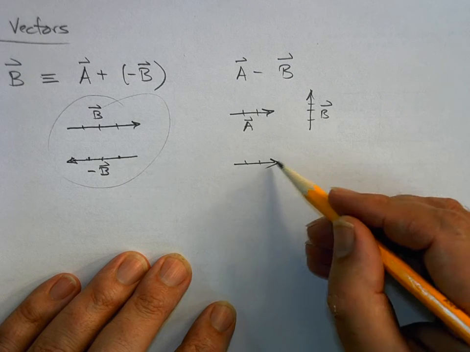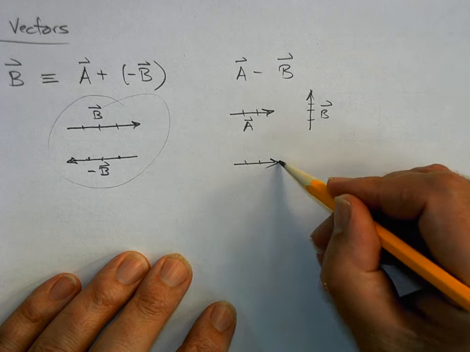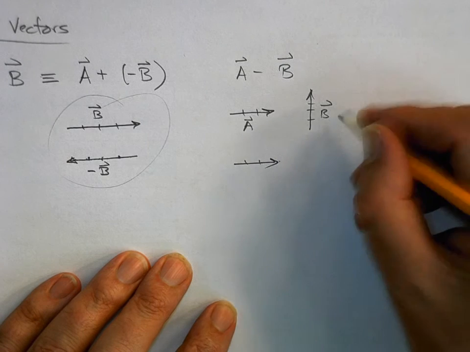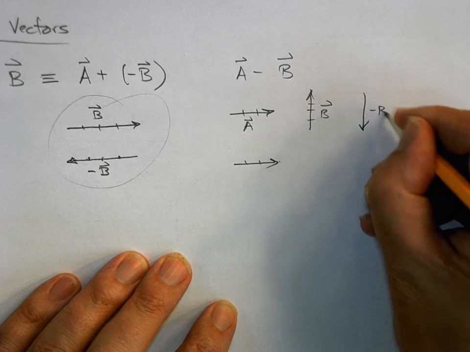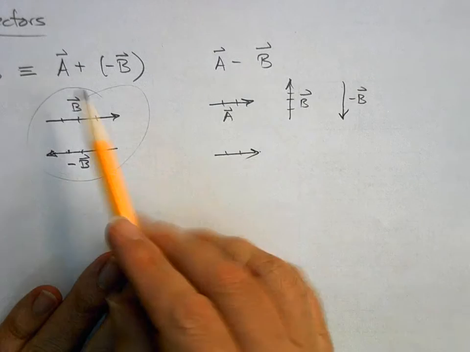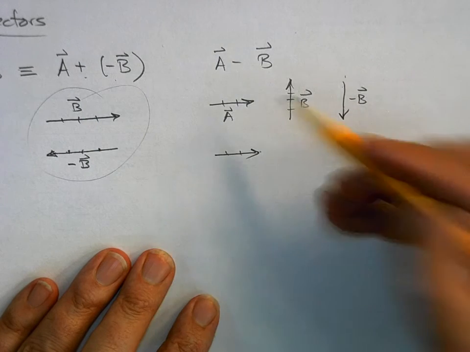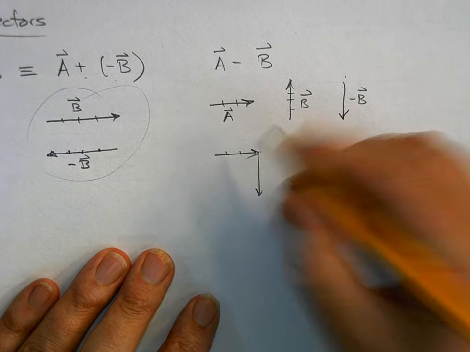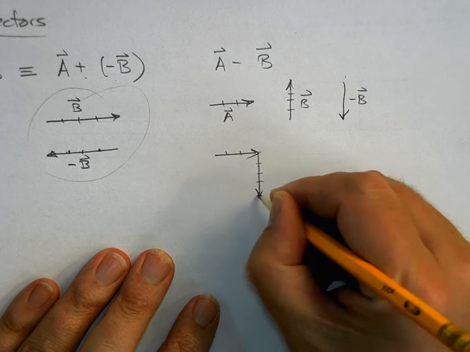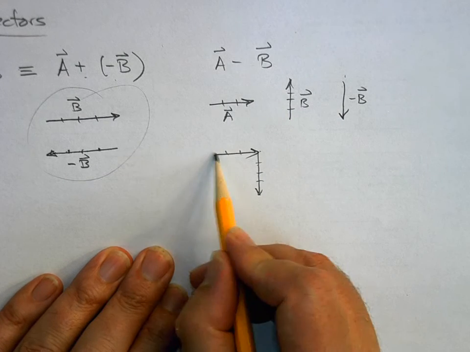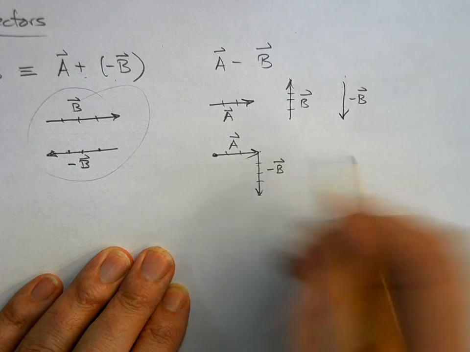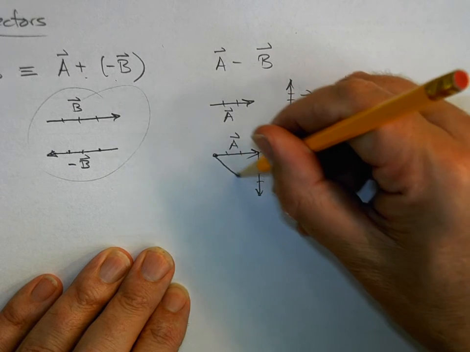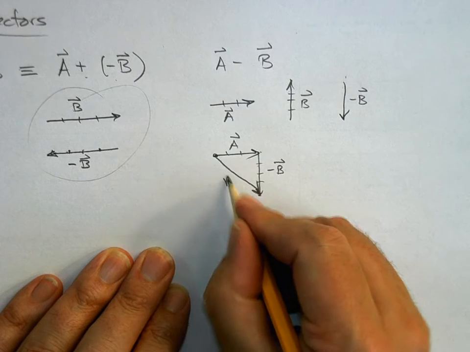Now b is here, but what is negative b? Negative b would look like that. So we want to add negative b. And so our answer, if this is a plus negative b, and there's my resultant vector.